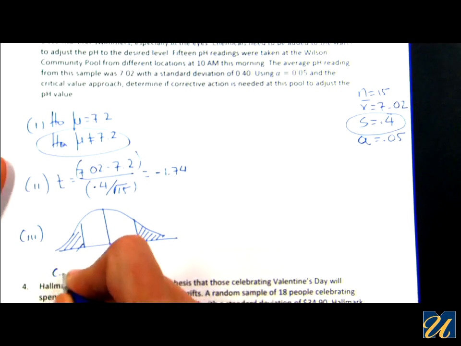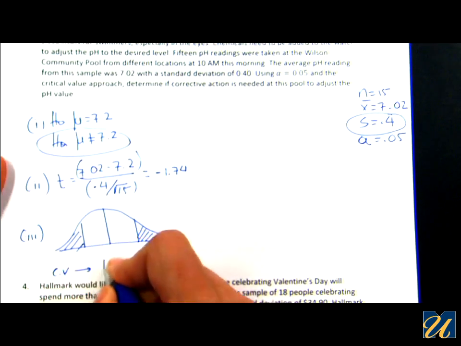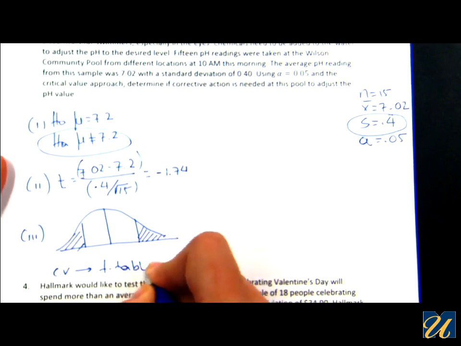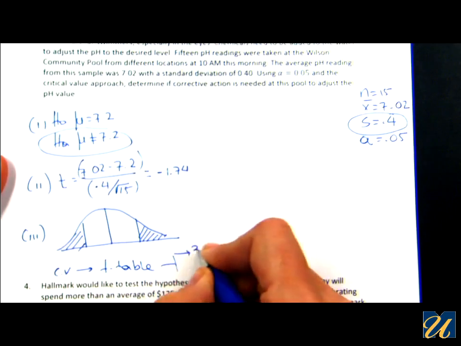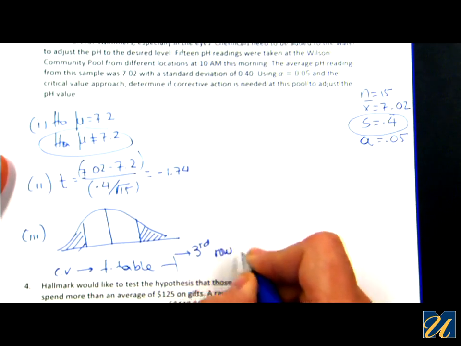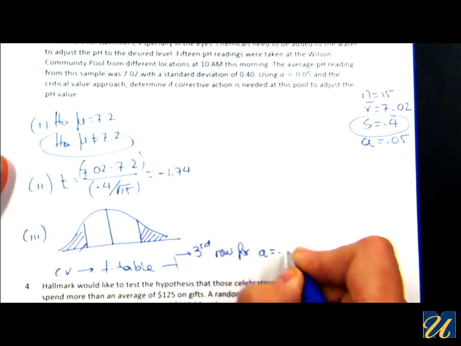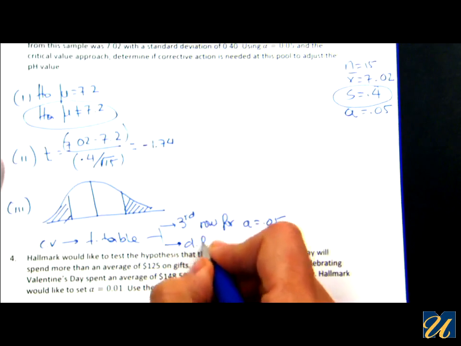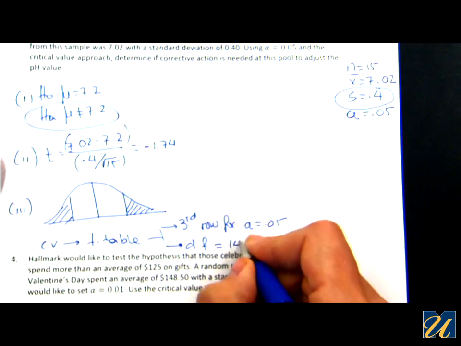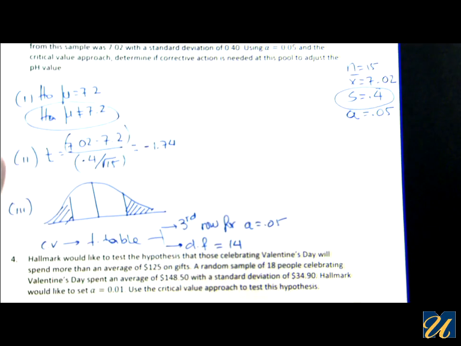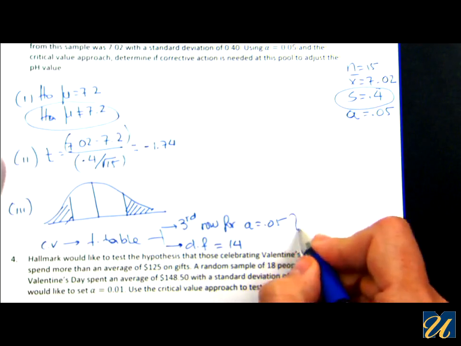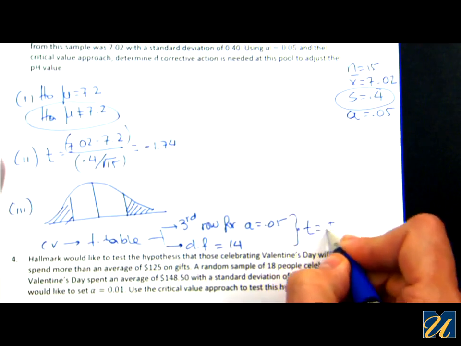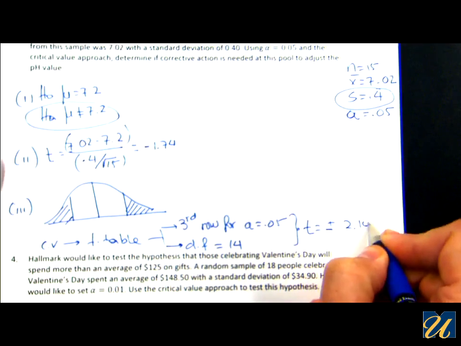To find the critical value, we will go to the t-table, third row, for alpha equal to 0.05, and degrees of freedom 14. If you look it up, you will find a t-value of plus minus 2.145.